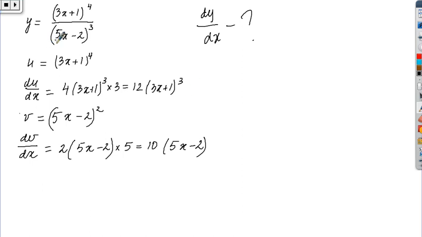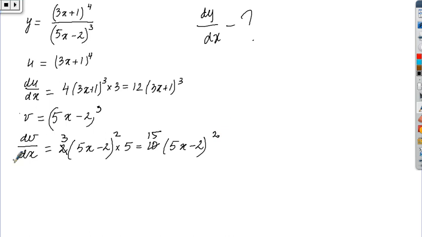Our v is 5x minus 2 to the power of 3. So now the derivative is going to be 3 times 5x minus 2 to the power of 2 times 5, so we're getting 15 times 5x minus 2 to the power of 2.